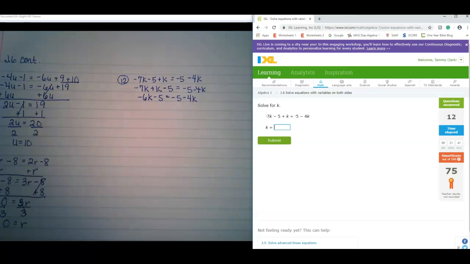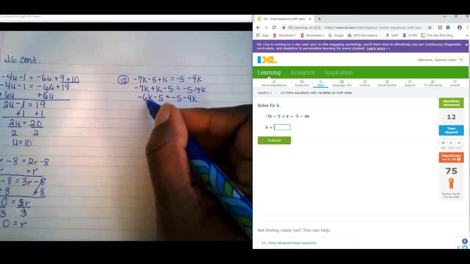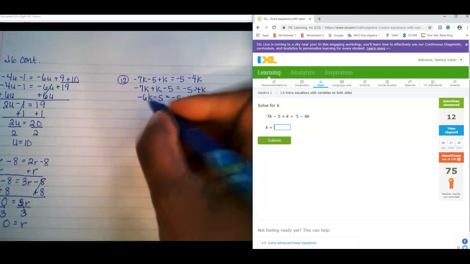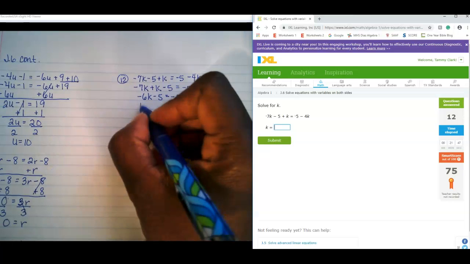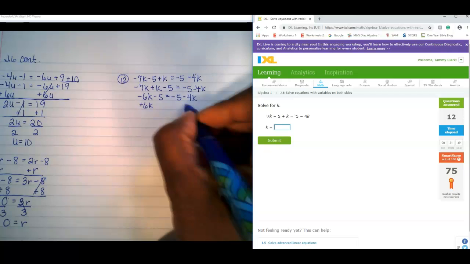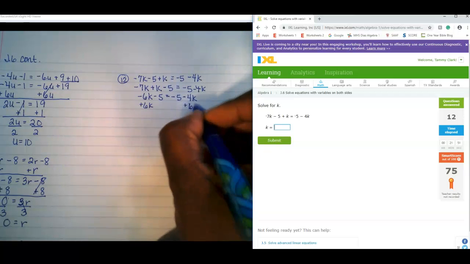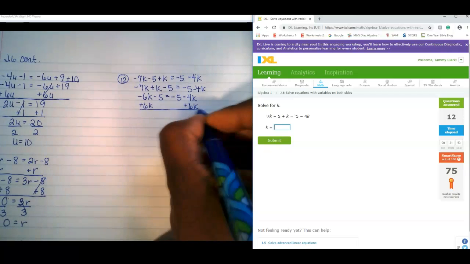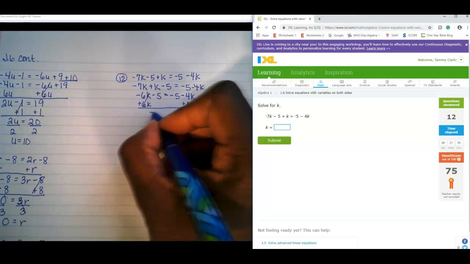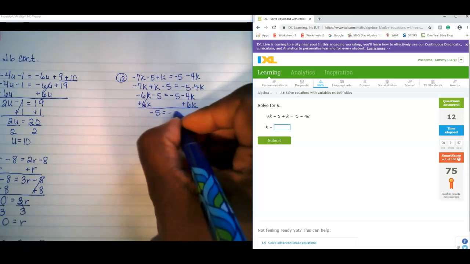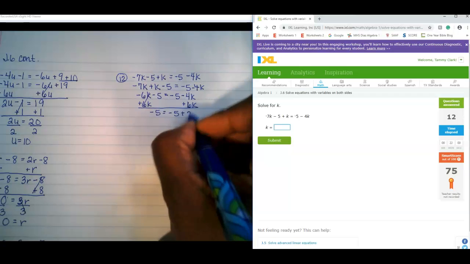Now, 6, or the absolute value of negative 6, is the greatest number, so we're going to add 6k to both sides of the equation, so we have a positive algebraic term. We have negative 5 is equal to negative 5 plus 2k.